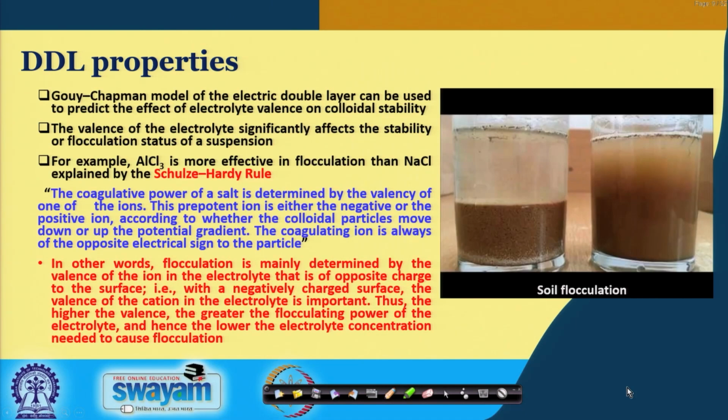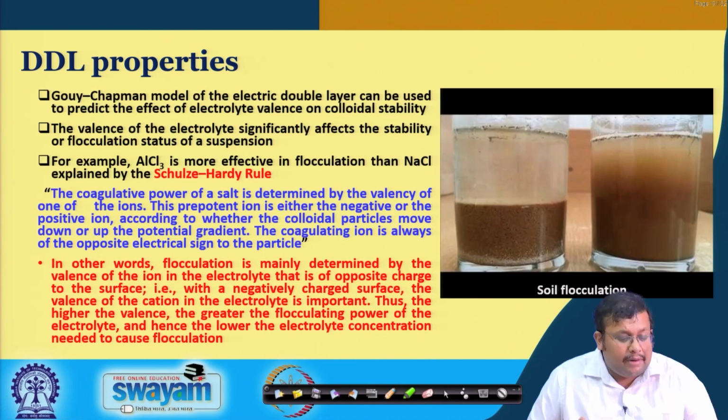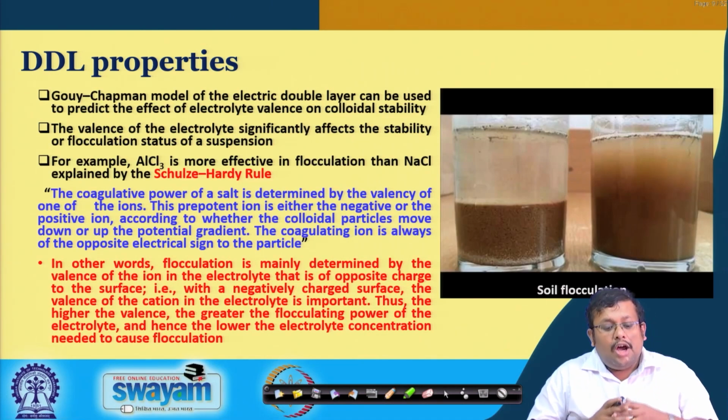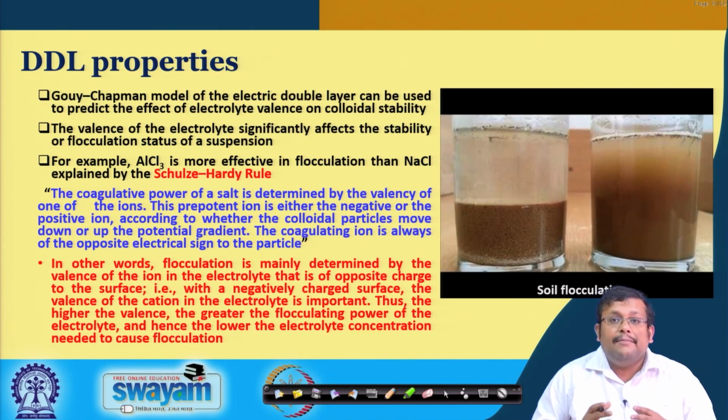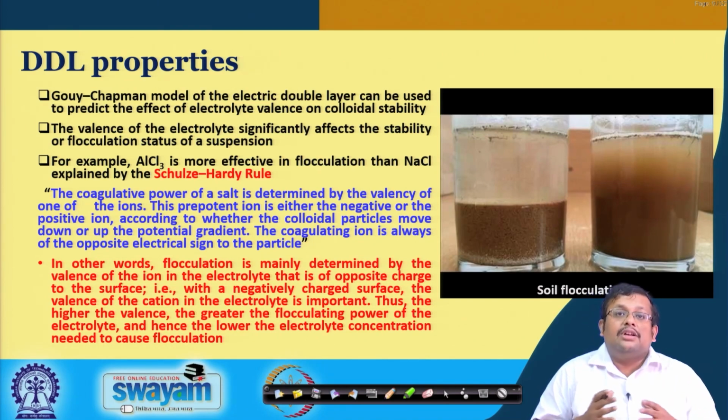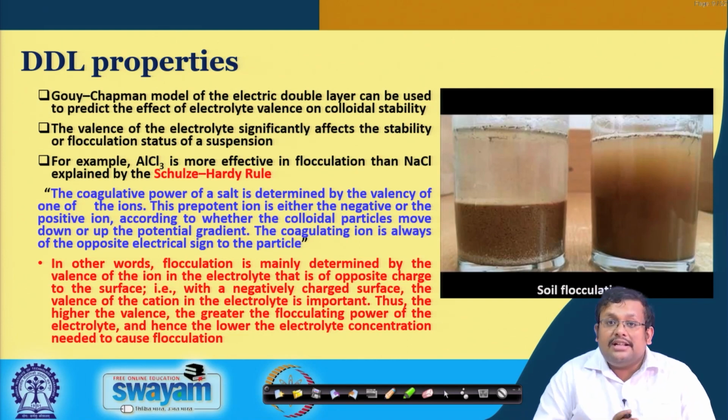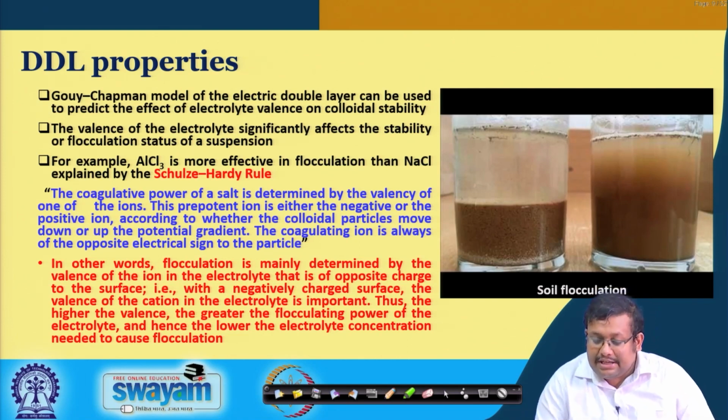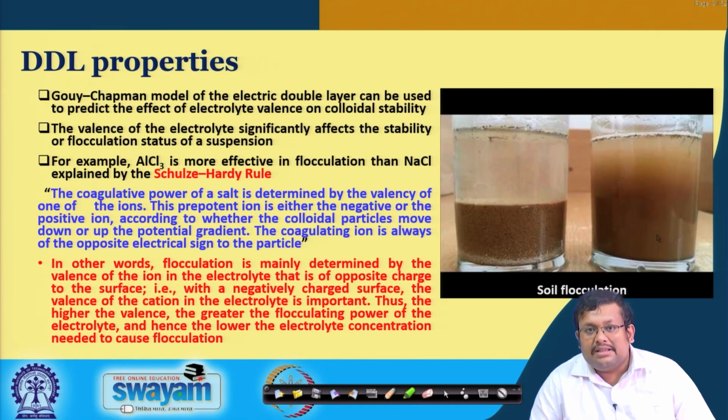So, let us consider the diffuse double layer properties. Now, the Gouy-Chapman model of the electrical double layer can be used to predict the effect of electrolyte valence on the colloidal stability. Here you can see two different solutions. The right solution is the stable suspension.